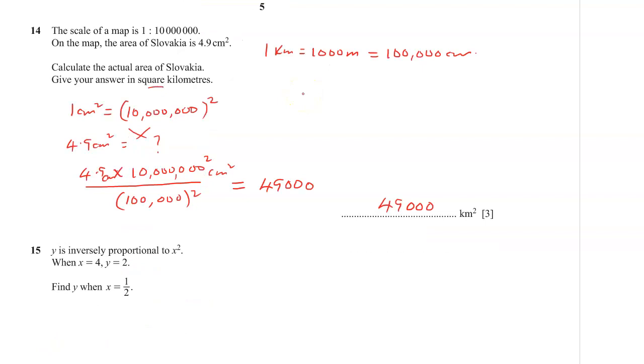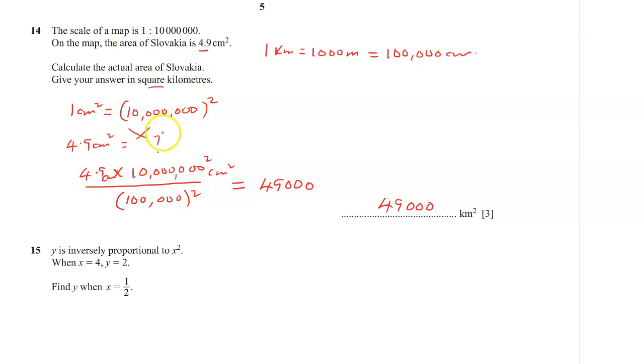Number 14, the scale of a map is 1 to 10 million. On the map, the area of Slovakia is 4.9 centimeters squared. Calculate the actual area of Slovakia. Give the answer in square kilometers. 1 centimeter basically means 10 million centimeters, and therefore what will be 4.9 centimeters squared in the actual scale?